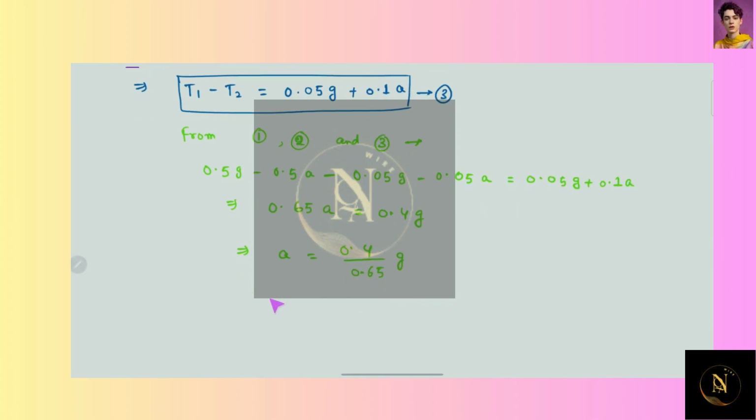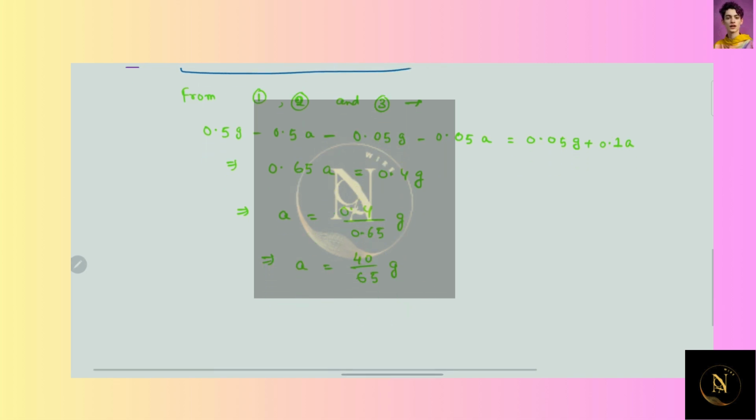So this I can write as 40 by 65G, which is 8 by 13G. This is the answer for the question.